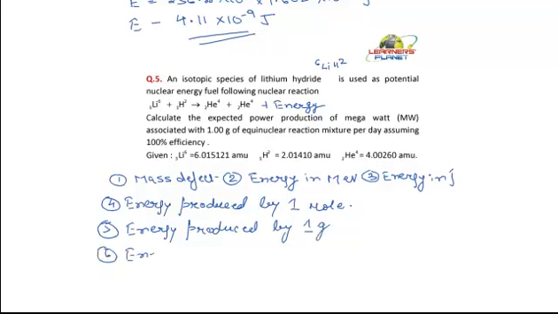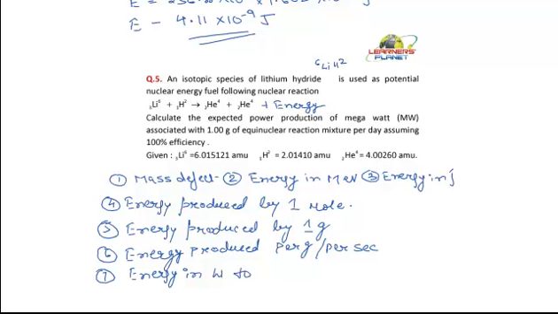Then find out the energy produced per gram per second. Then convert the obtained energy in watts to megawatts. So this many steps are required to solve this question.